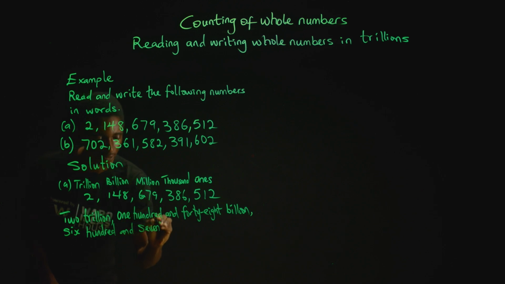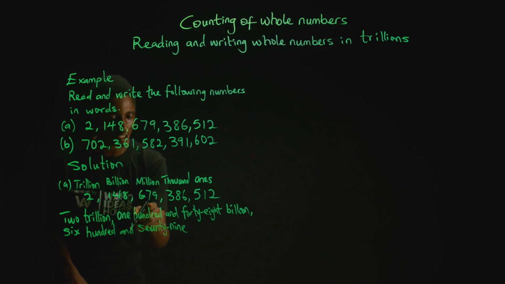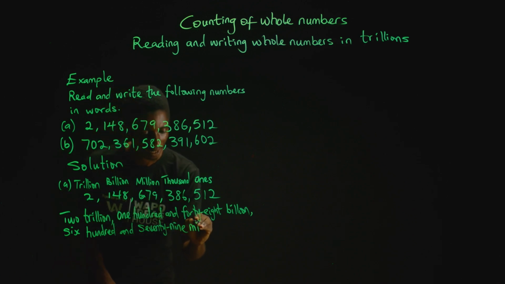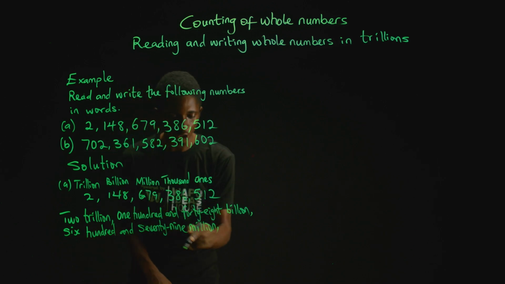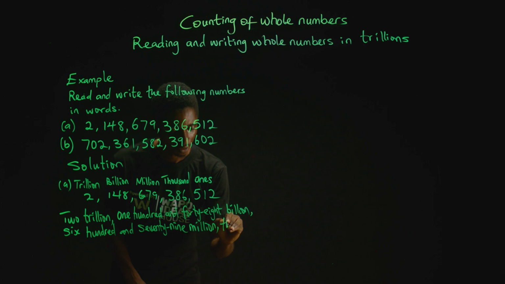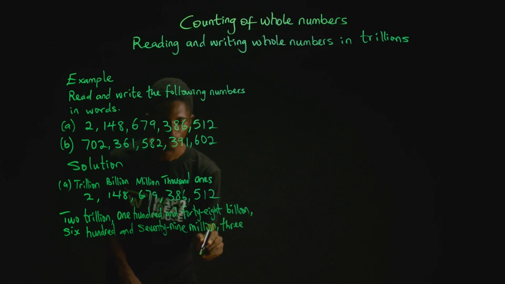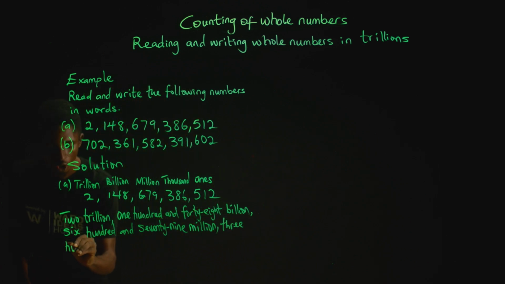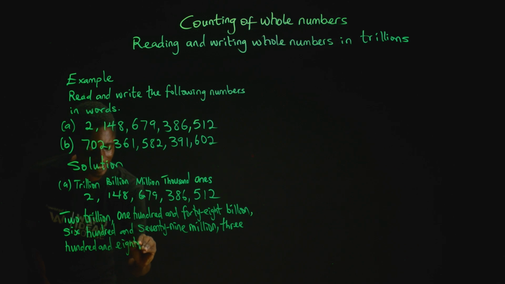679. And the place value of 679 is million. Good. Followed by 386.